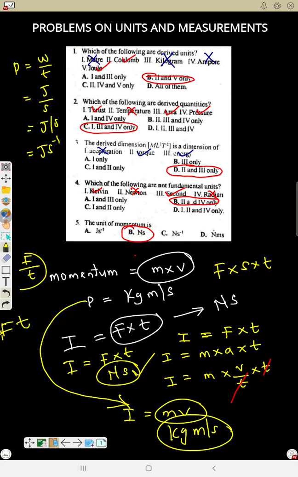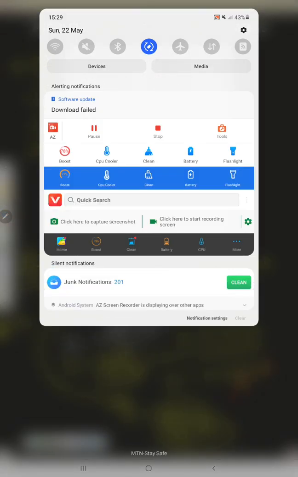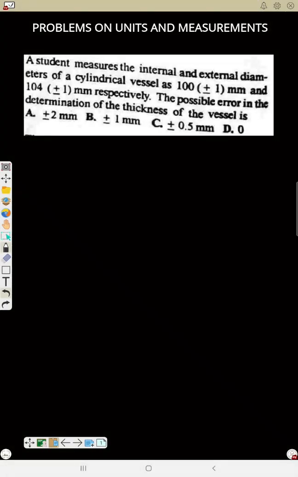So now let's see another question. A student measures the internal and external diameters of a cylindrical vessel as 100 plus or minus 1 millimeter, that is the internal diameter, and external as 104 plus or minus 1 millimeter respectively.